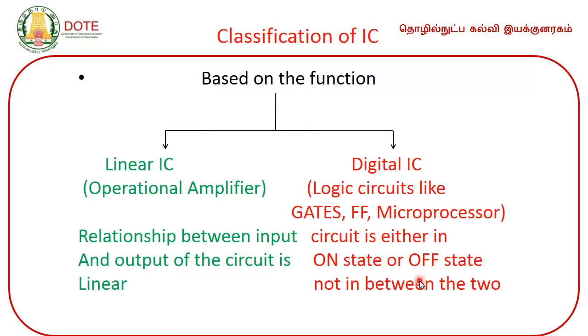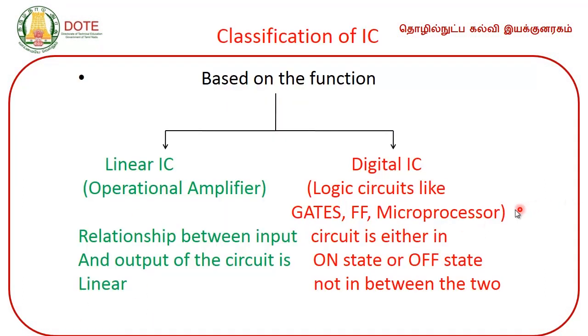Suppose if you want to use the transistor as an amplifier, that means you have to bias it in the linear mode, right. So you have to fix your operating point on the linear region, that is in between the cutoff and saturation. Then you can use the transistor as a linear device, whereas in the digital IC you have to bias the transistor between cutoff and saturation, right.